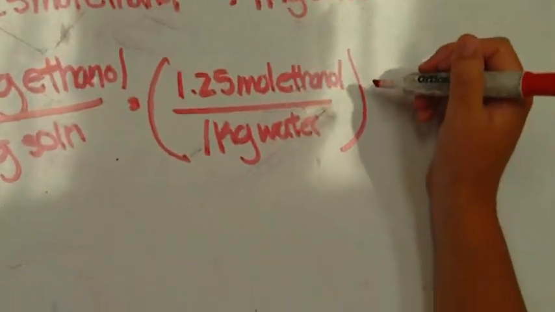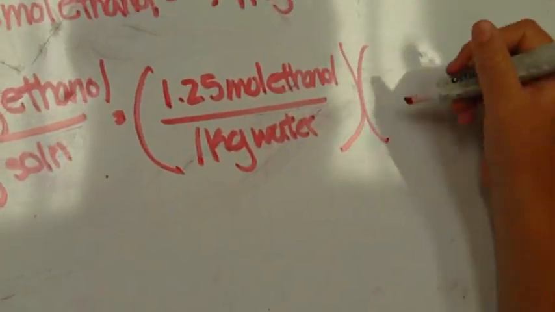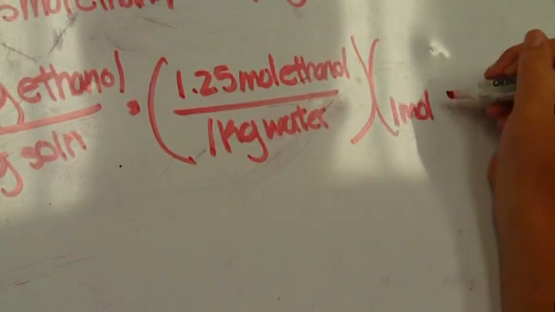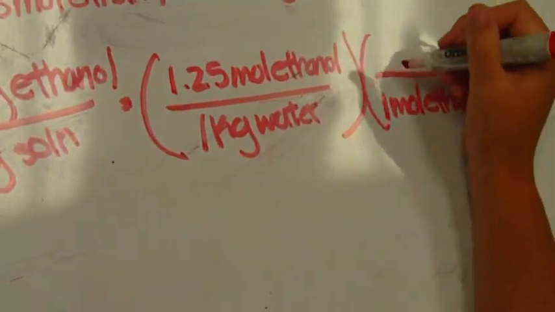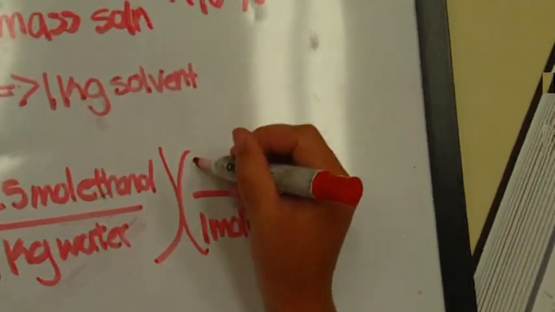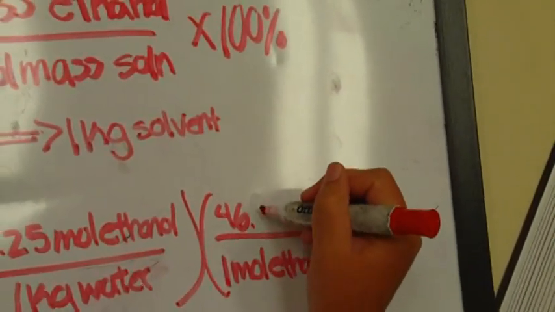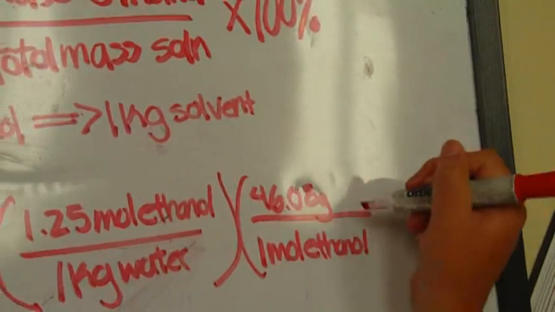All right, and a little bit of dimensional analysis here. 1 mole of ethanol has 46.08 grams.